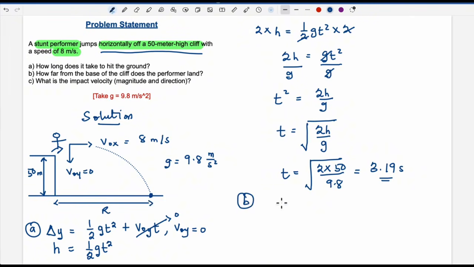From first principles, we know that the velocity is equal to distance divided by time, right? In this case, the range, as I mentioned before, because acceleration of free fall does not affect the horizontal component of this motion, the horizontal velocity remains constant throughout the motion.